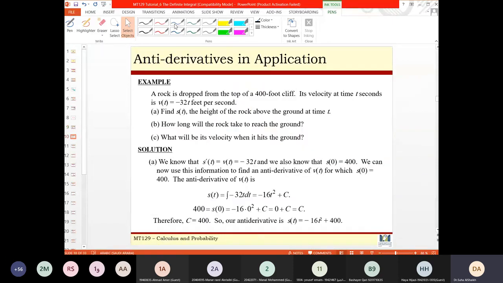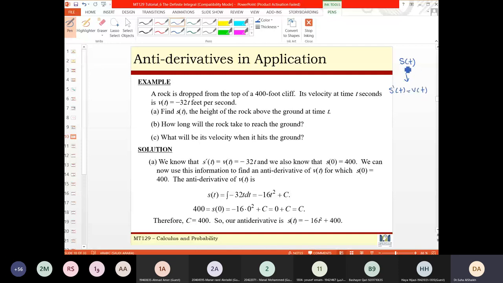So now we will go back to this part when we talk about a moving particle. Whenever I have a moving particle, we have the displacement or the distance traveled by the object, which is s of t. If you remember, we said s dash of t will give me the velocity, v of t.